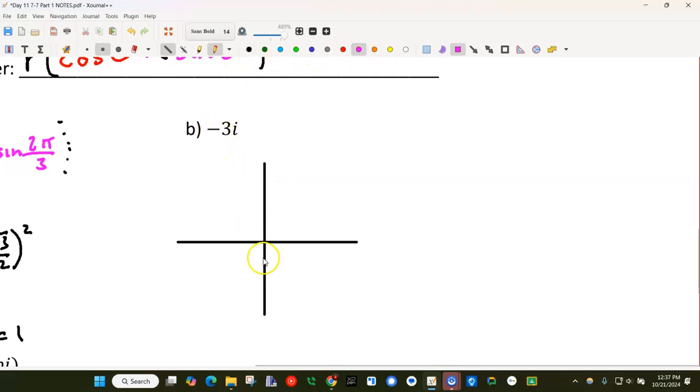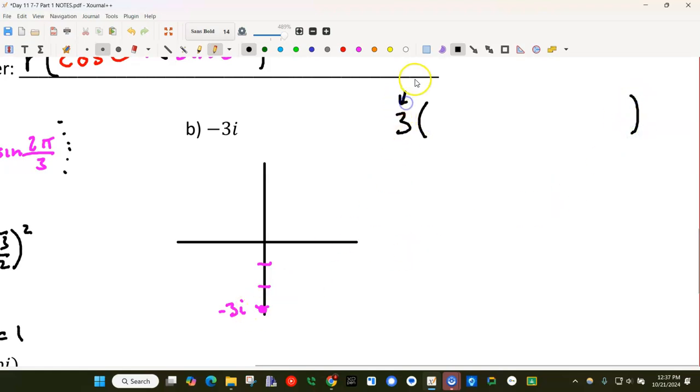So negative 3i would be what? Down 1, 2, 3. So negative 3i would be right here. So what is the radius? How far is it from the origin to here? Just 3.